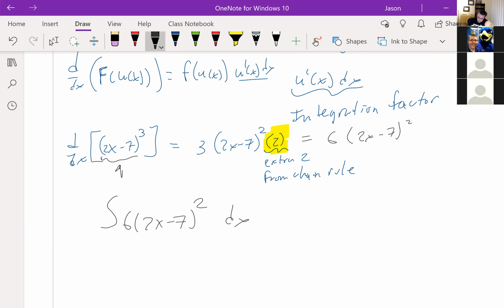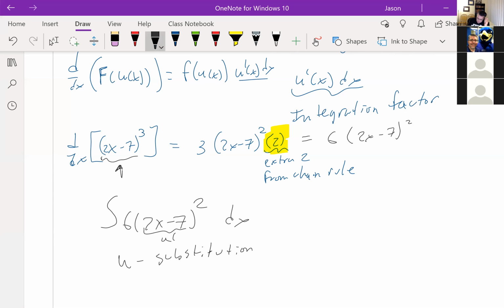We get back here. Here's what we do. We could split off a 2 if we wanted to, but that's like thinking, well, how do we know that there's a 2? Well, there's a 2 inside here. And what we do is something called a U substitution. The U substitution is what this thing is.